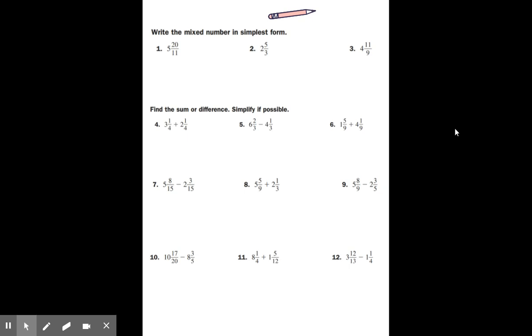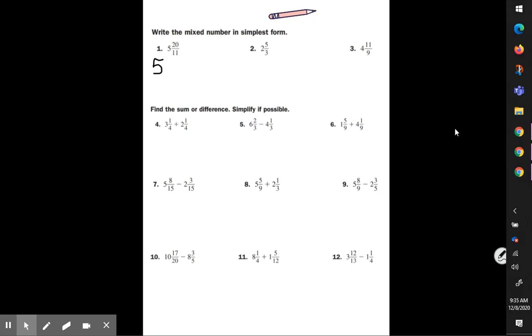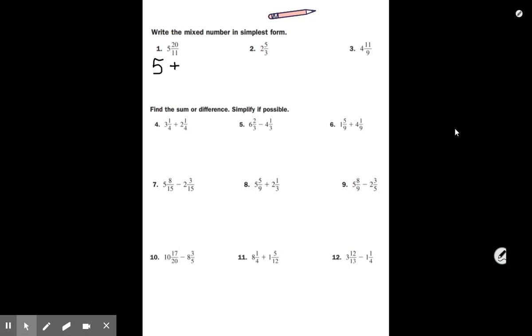So for number one, we have what's called 5 and 20/11ths, which in real life is probably not going to happen very often because I rarely ever see anything with a denominator of 11, but that's okay. We'll just never mind that fact. Okay, so 5 and 20/11ths. You can think of this as 5 plus 20 over 11, right?